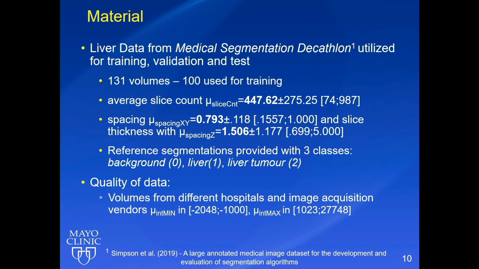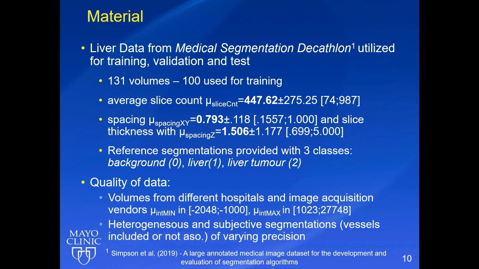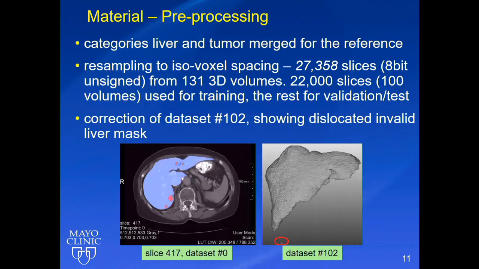I think that is also a strong benefit of the dataset itself, not only that you have a sufficient amount of data, but also that it has some variability involved. Yeah, of course, there are also some drawbacks. Some did segment the vessels, others did exclude them from the final results, but these are all things a machine learning approach should be able to handle during the training process.